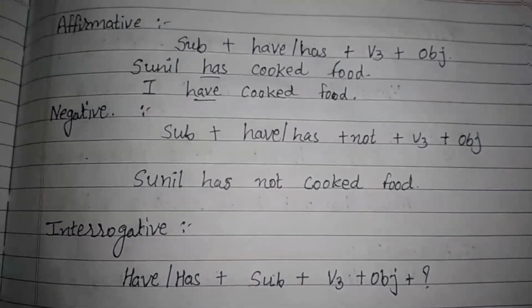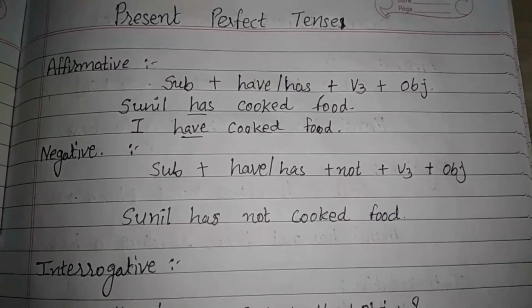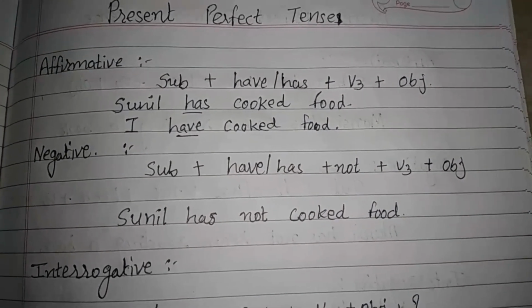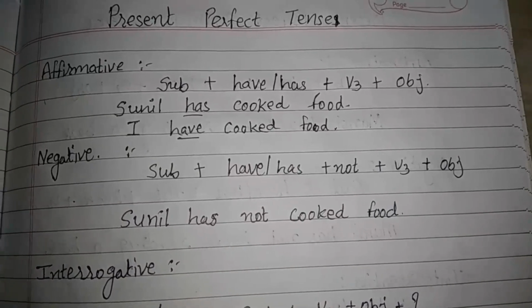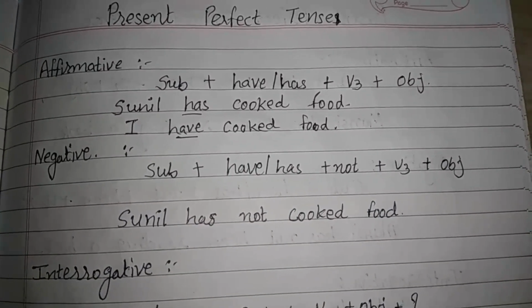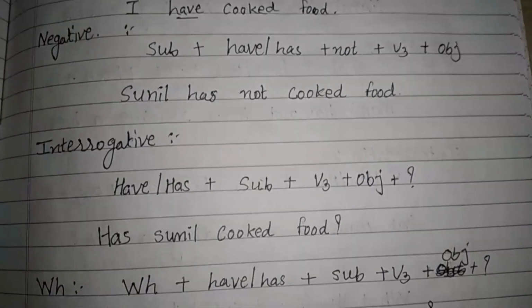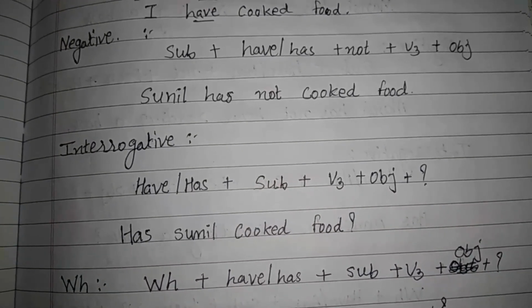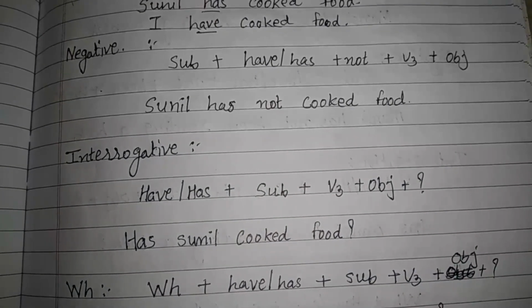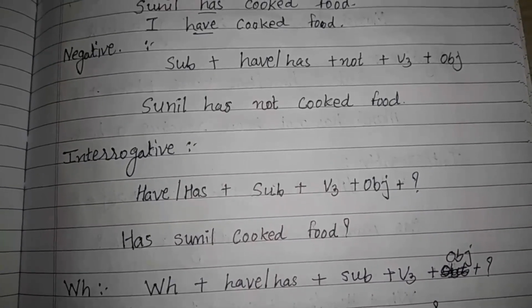The second form of the sentence is negative sentence. The format is subject plus have or has plus not plus V3 plus object. Example is Sunil has not cooked food. Interrogative type of sentence. Format is have or has plus subject plus V3 plus object plus question mark.